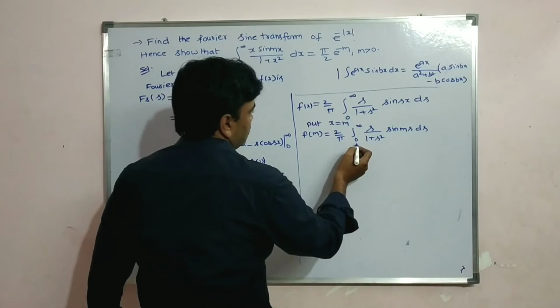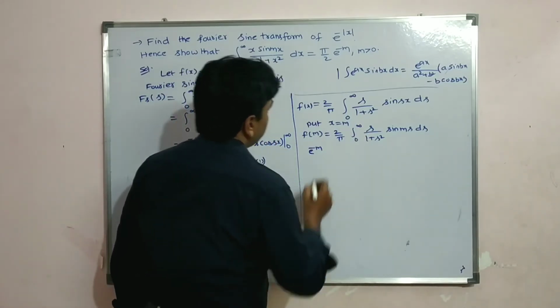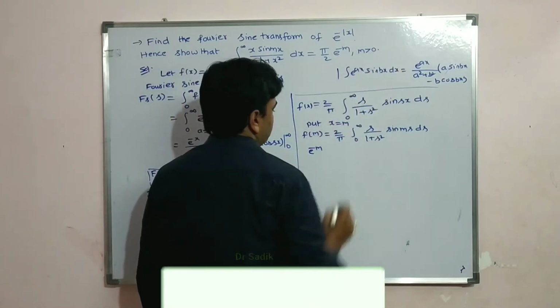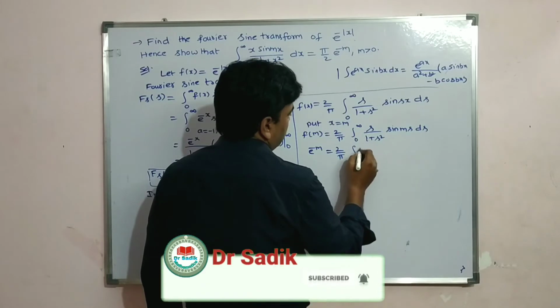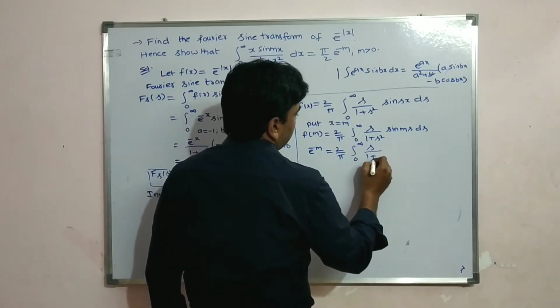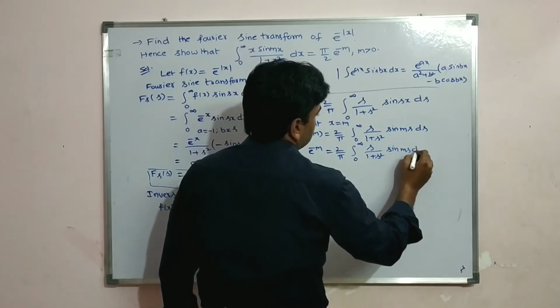Since it is 0 to infinity, we can take e power minus m, for m greater than 0. So e power minus m is equal to 2 by pi integral 0 to infinity s by 1 plus s square sin ms ds.